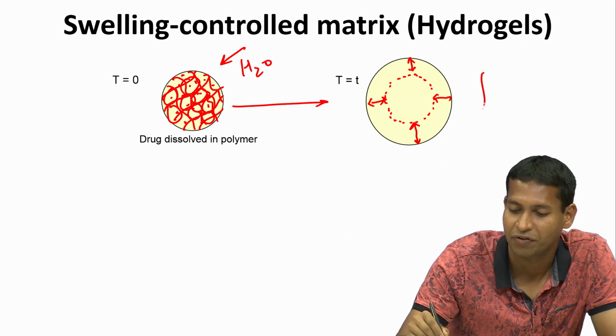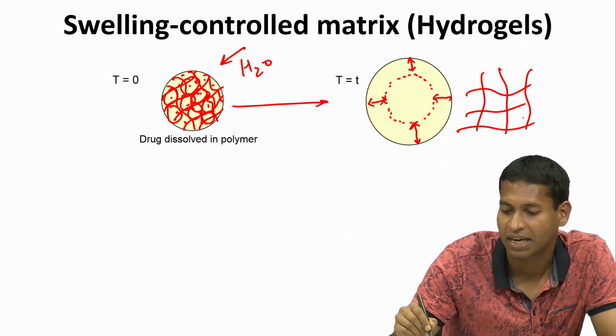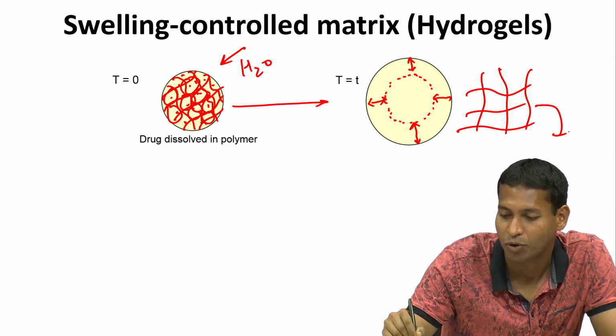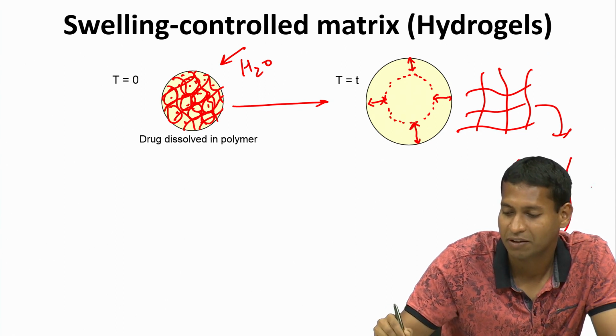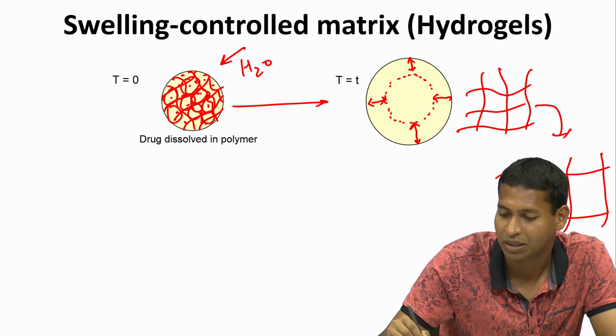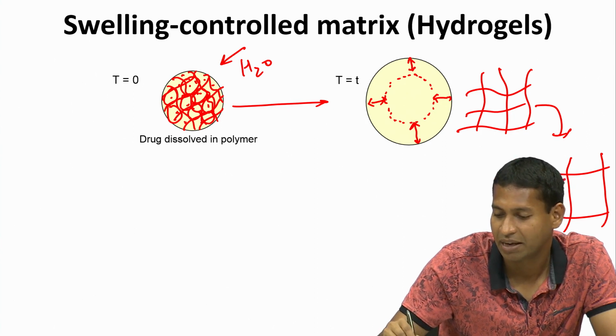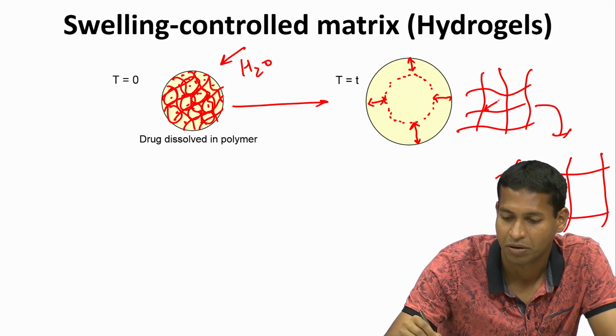So, let us say this was the gap here, as it is absorbing more water these chains are getting stretched and stretched, and eventually it is going to turn into a structure like this, where as you can see this gap is much larger than the gap here.